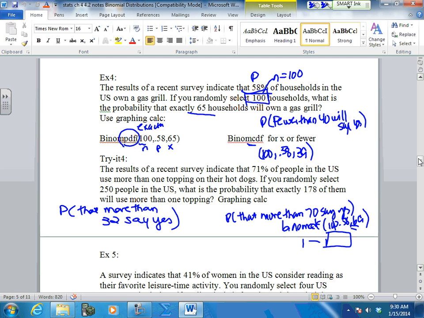Work this out. You need to make a table, then you're going to need to make a very big table.